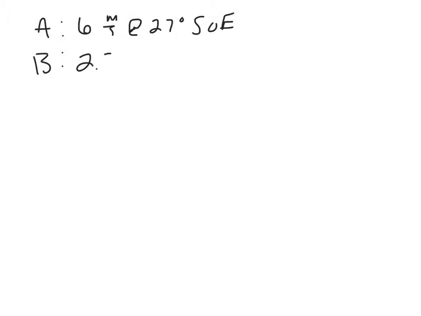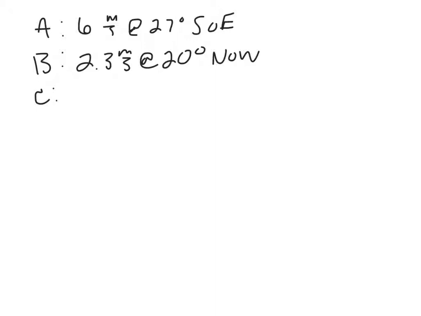Okay, let's say vector A is 6 meters per second at 27 degrees south of east. Vector B is 2.3 meters per second at 20 degrees north of west.